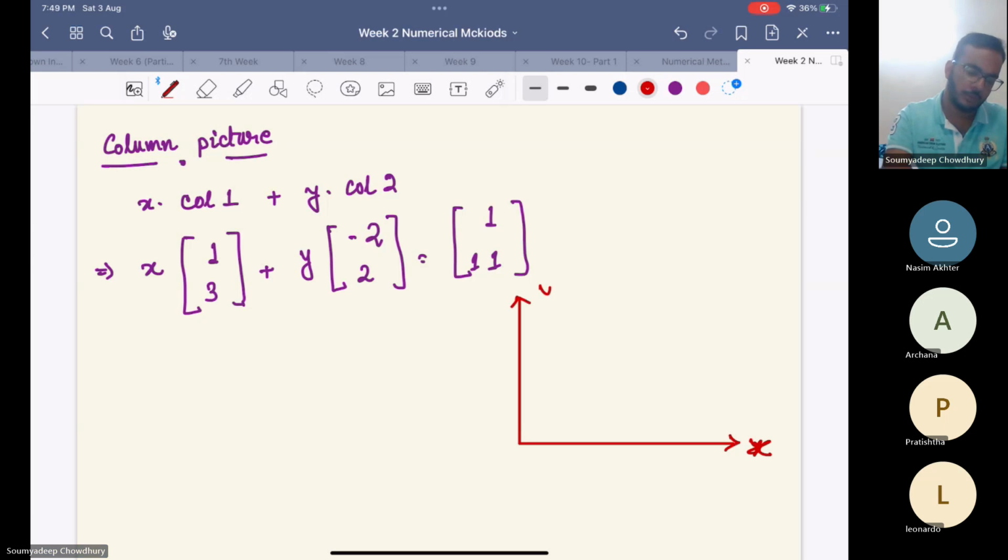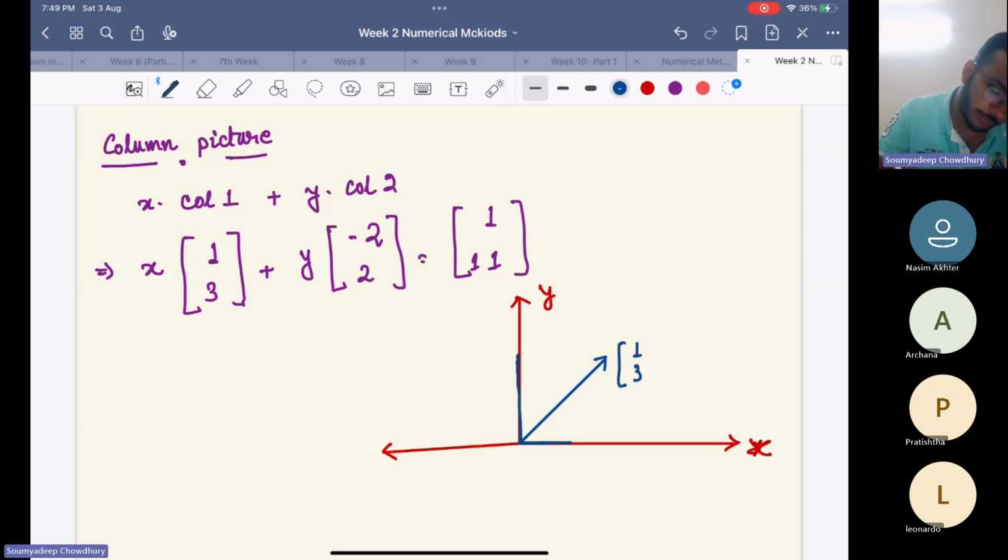X, with axes in either direction. Suppose x is 1 and y is 3. We move 1 unit in the x direction and 3 units in the y direction, and we get a vector. Suppose this is my (1, 3). Then you have the second vector, which is (-2, 2).